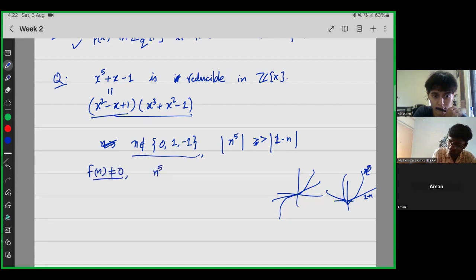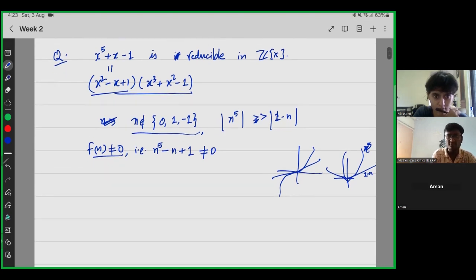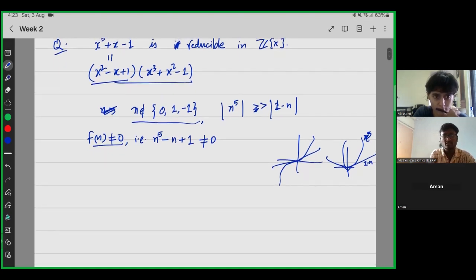Because n^5 is big, and if you subtract 1 minus n, it will become minus n plus 1. This will be either positive or negative, but not 0, right? This can never be 0. So it has no linear factor.